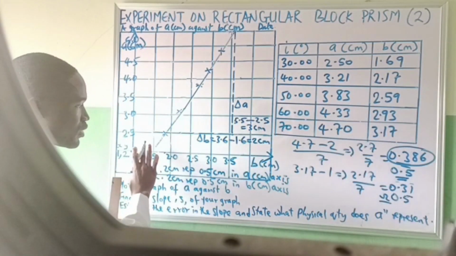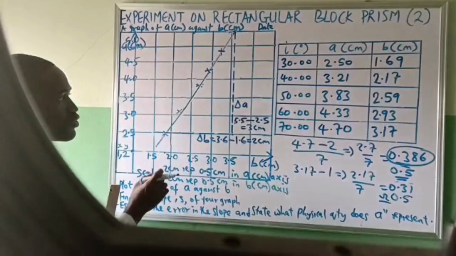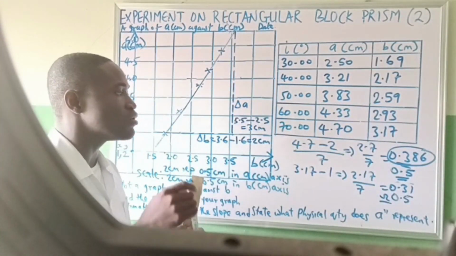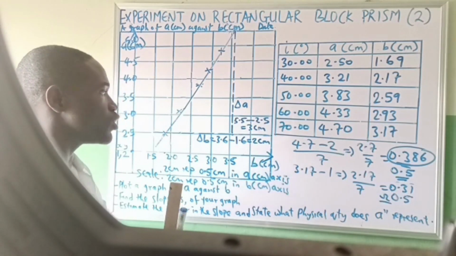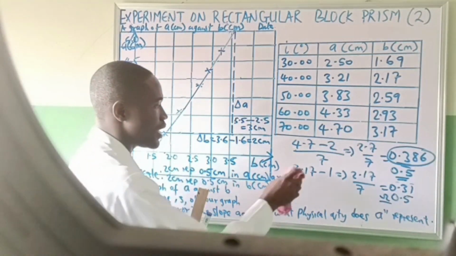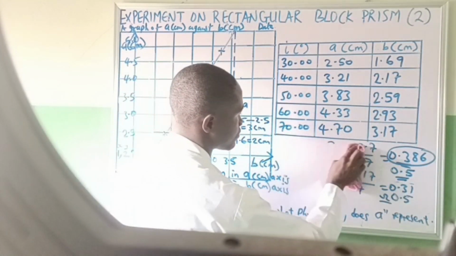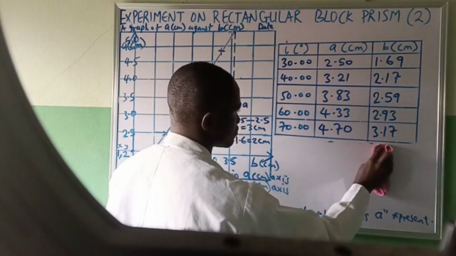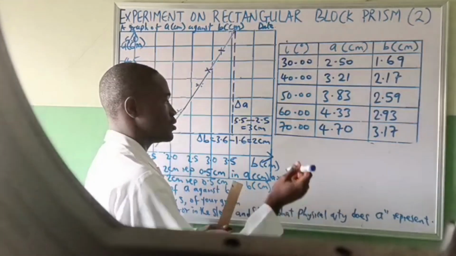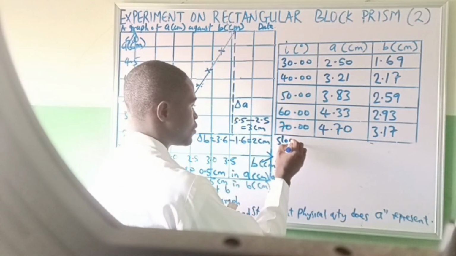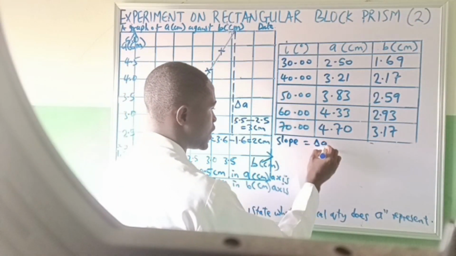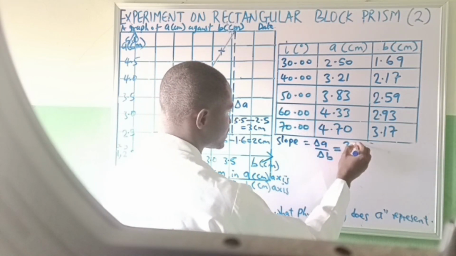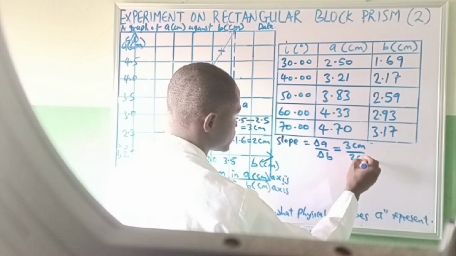We are using approximated answer from the graph because we are using a sketch of the graph, not the real standard graph. So what you will do is that you will now say slope equals to change in A over change in B, and that will be 3 cm all over 2 cm.